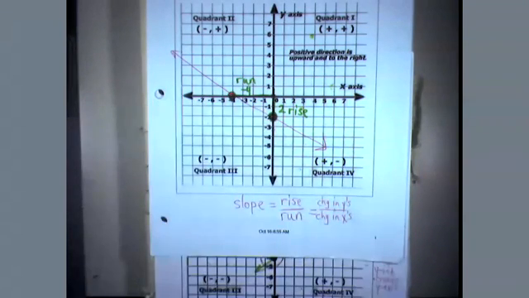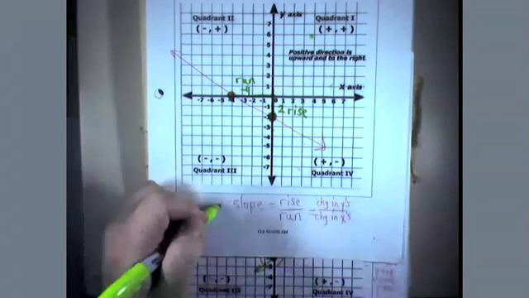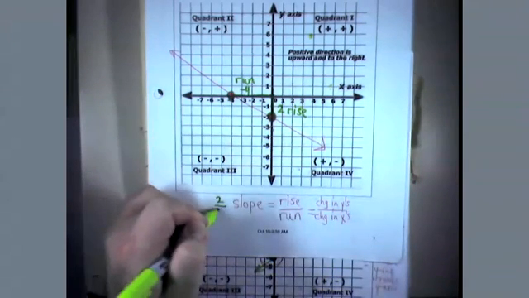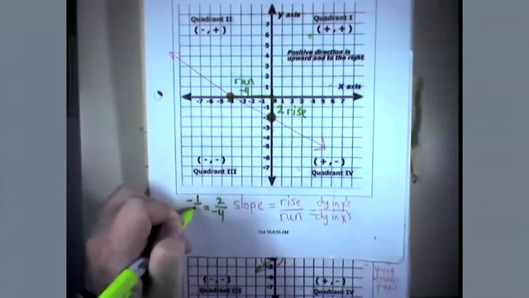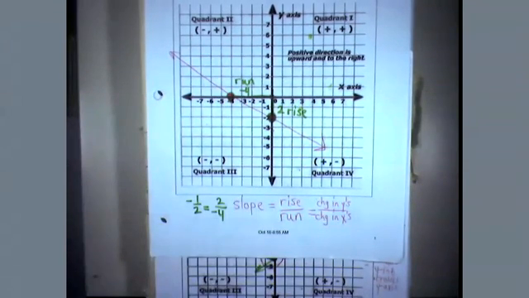So the slope for this particular line would be 2 over -4, and that will reduce to -1/2. So that's what slope is. It's just a ratio showing you the behavior of the points, and by definition, simply rise over run.